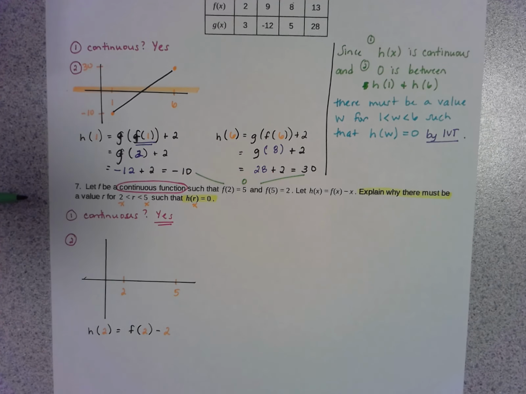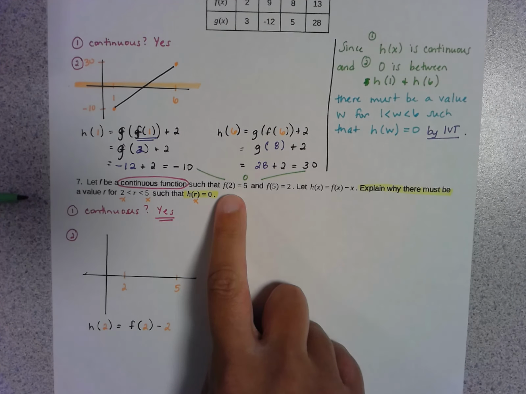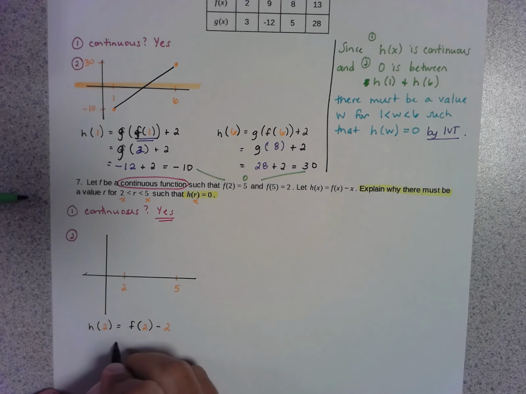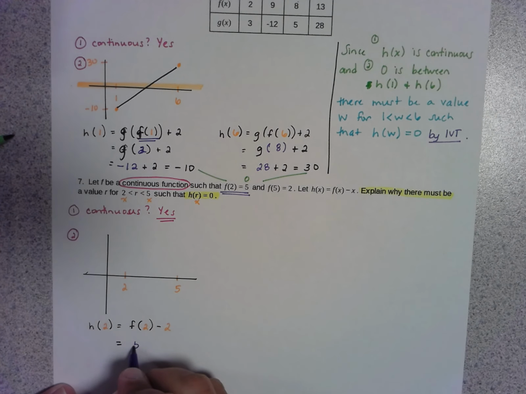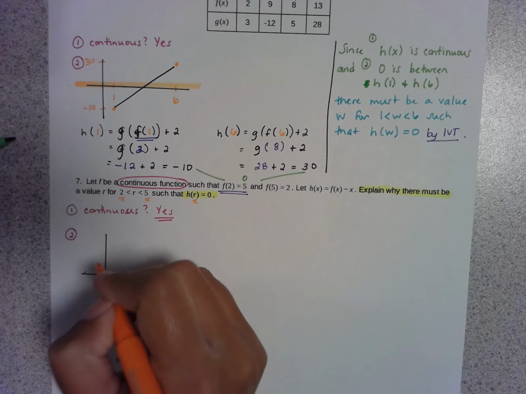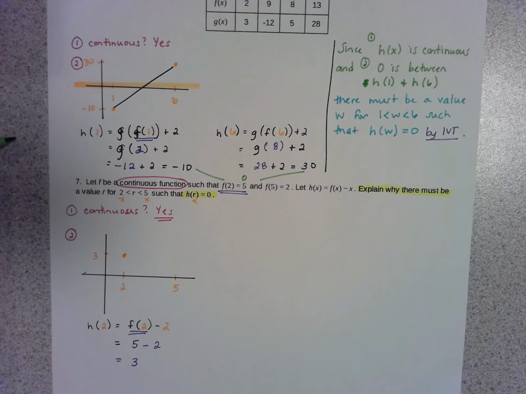Now, f of 2 is actually something that I have from the instructions. It says here f of 2 is equal to 5. So I'm just going to go ahead and use that information. F of 2 is equal to 5, and I'm going to substitute that. F of 2 is 5 minus 2, which gives me 3. So my first output value is 2, 3, which is here on the graph.